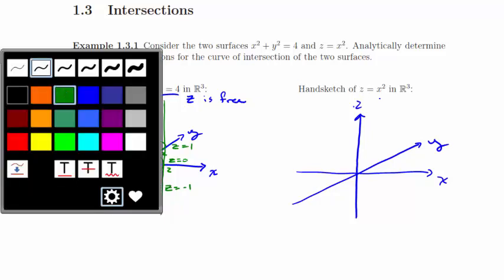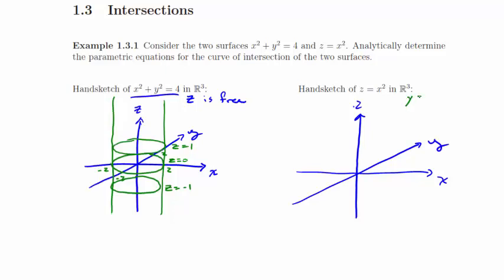If y is 0, so here we have y is free because it's not part of this equation. So if y is 0, we get the parabola going through the origin, like so. So here's when y equals 0.